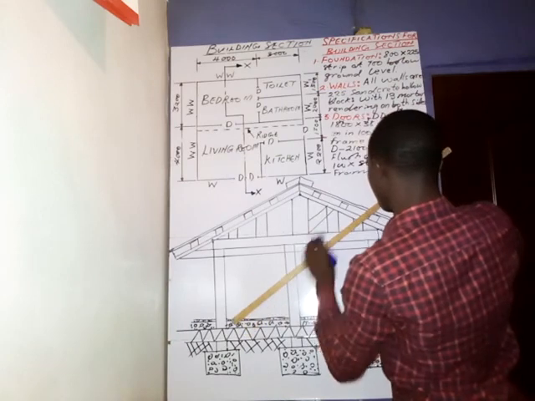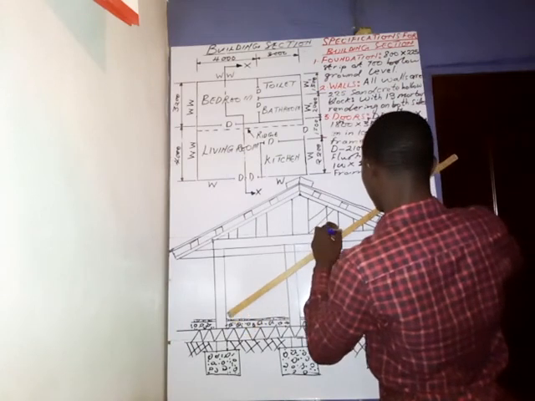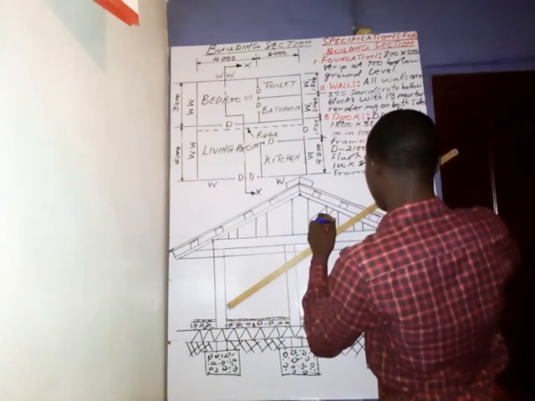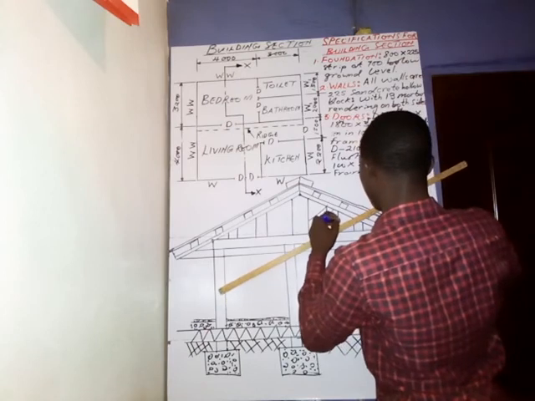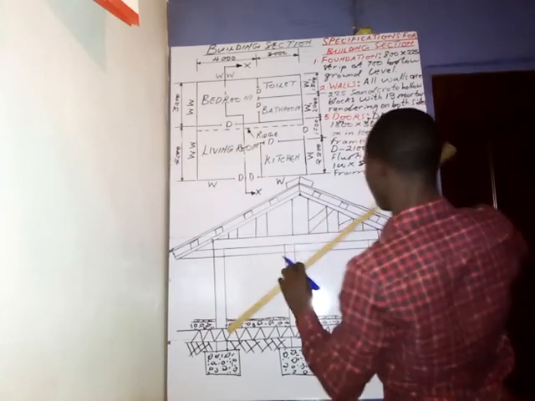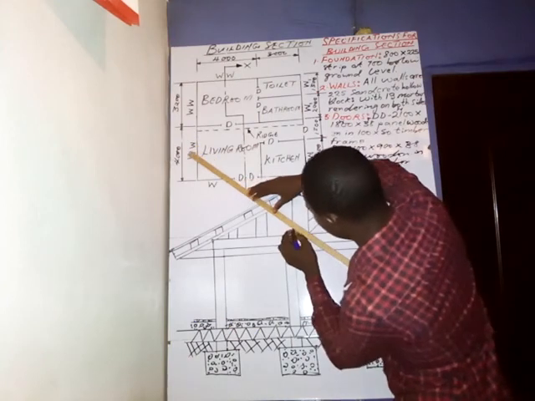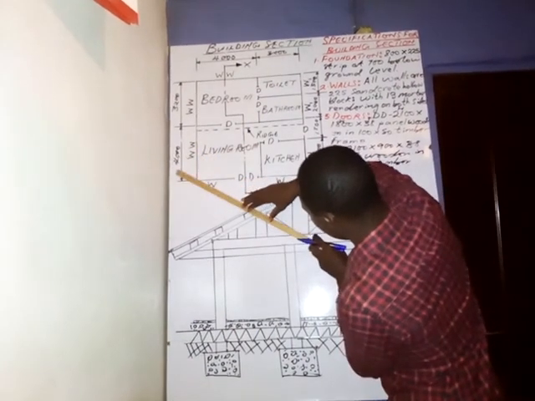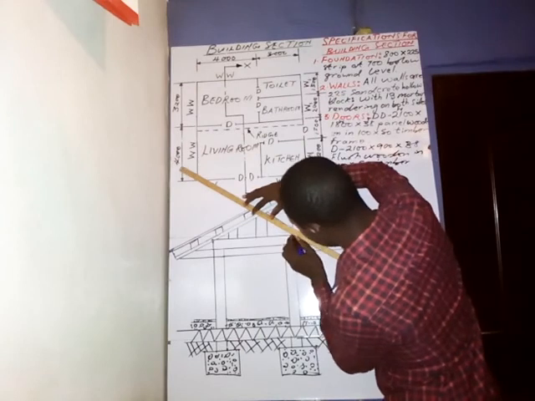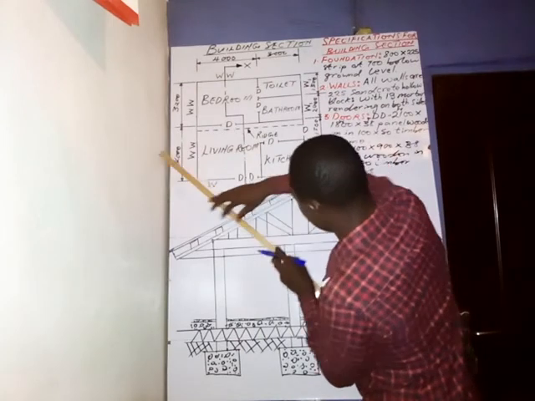As we are told that this type of roof is a gable roof, this is what you will see when the section is drawn. So you also do the same thing here.